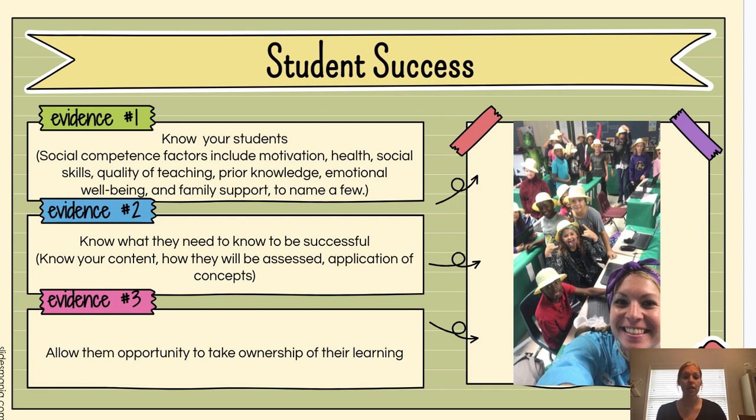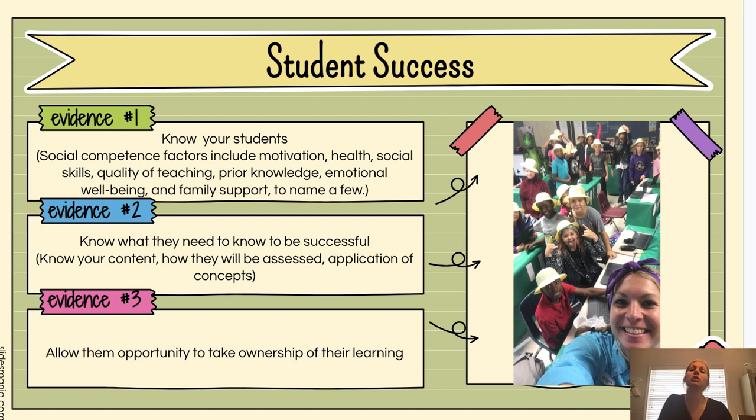How do they work together? For fifth graders on their science EOG, they need to know that bones are part of the skeletal system, but they also need to know that they produce red blood cells. So it all works together, but you have to know what they need to know in order to be successful. And that comes from studying before you go in and teach something.